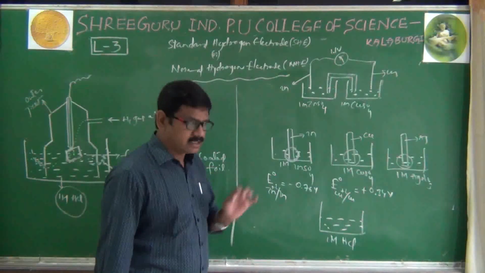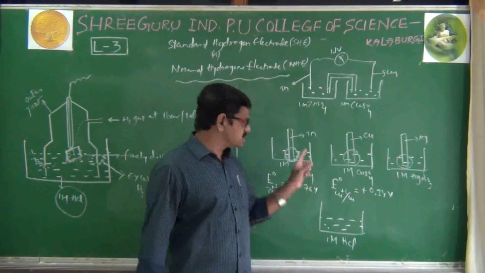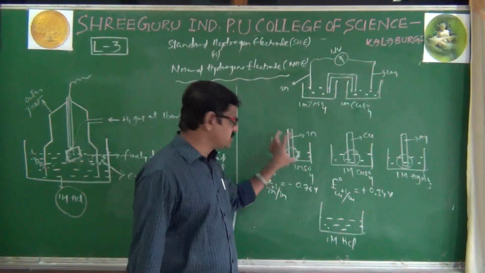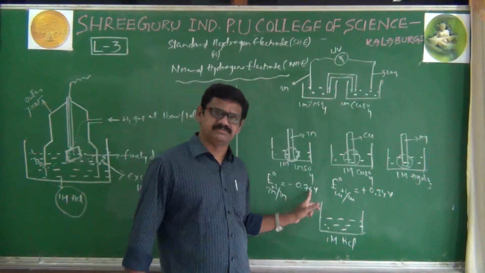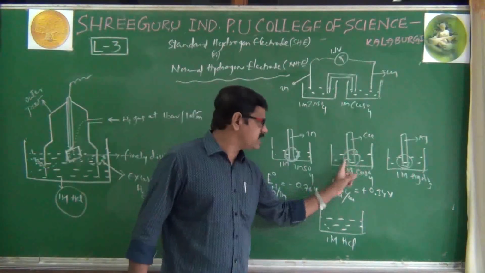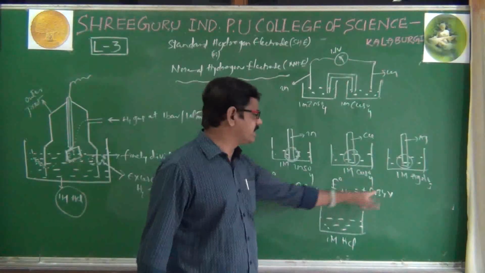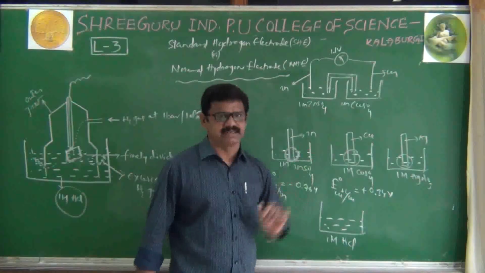Now the question arises: how are these values obtained? Just now we discussed that it is not possible to measure or calculate electrode potentials, and yet below it we have written its value. Here also, it is not possible to calculate the electrode potential of copper, and below it we have written its value. Then the question is, how are these values obtained?